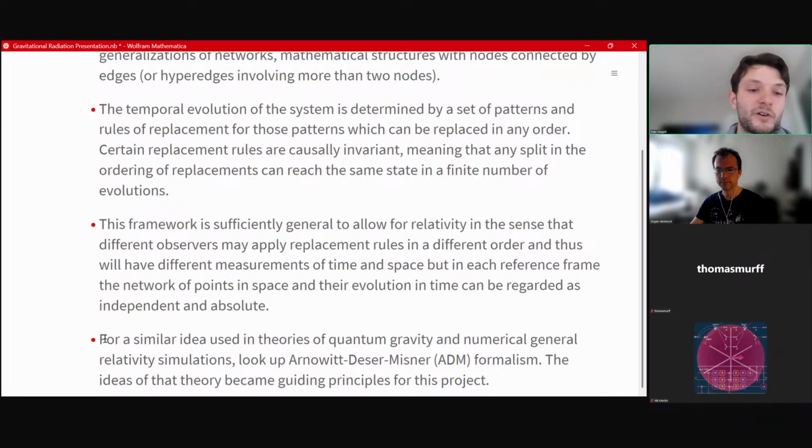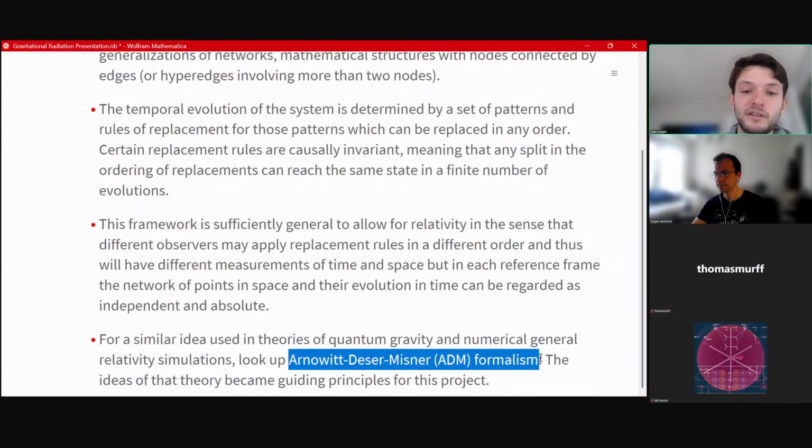And so for similar ideas, I was looking into a formalism that's equivalent to Einstein's field equations, which uses the same idea of space-like hypersurfaces, and that's called the ADM formalism. If you're interested in that, you can look into it.